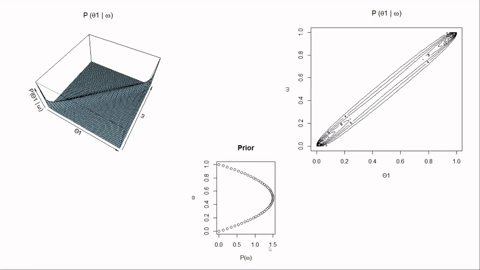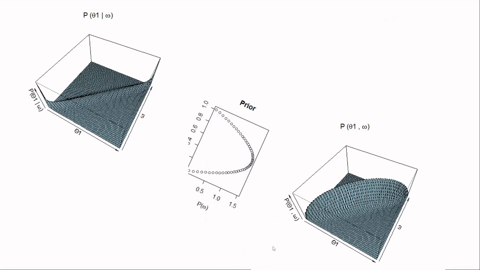What I did here is I plotted it the other way around so that omega is on the vertical axis and the probability associated with this omega is on the horizontal axis. The reason for this rotation is that now we want to go from the conditional probability to our joint probability distribution, which essentially says, for a given value of omega, we multiply by the probability of this omega.